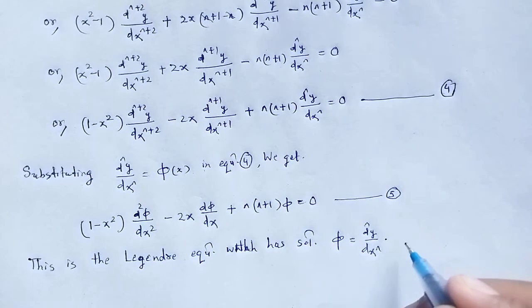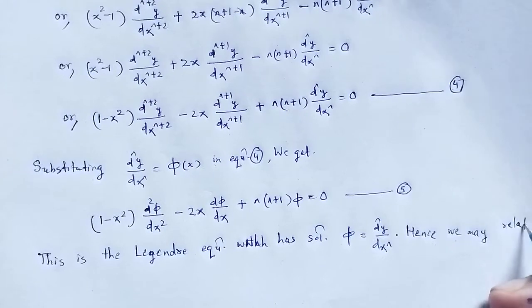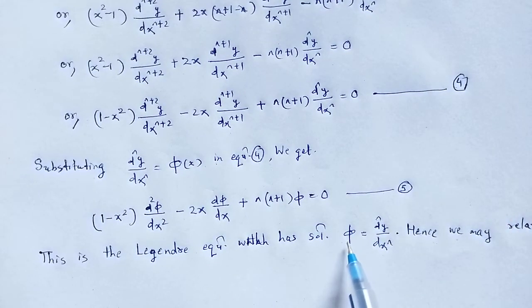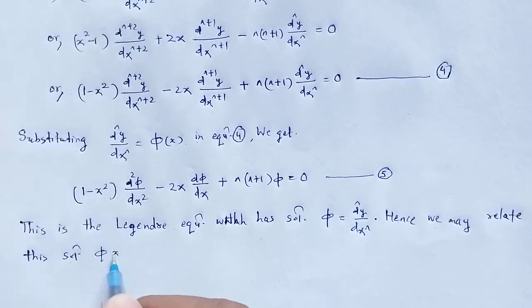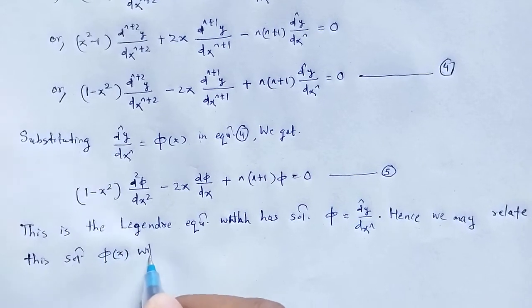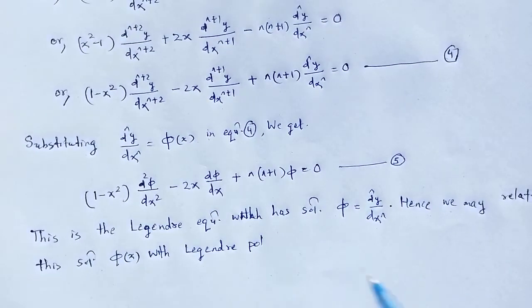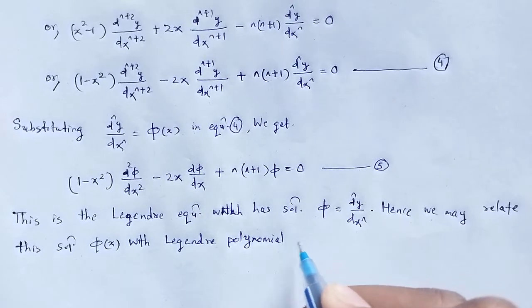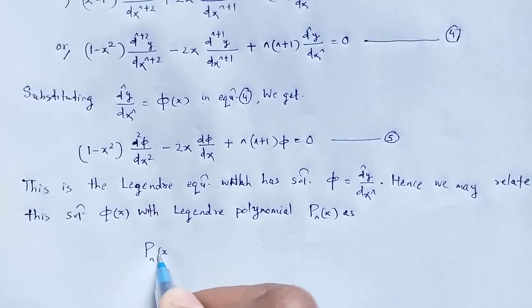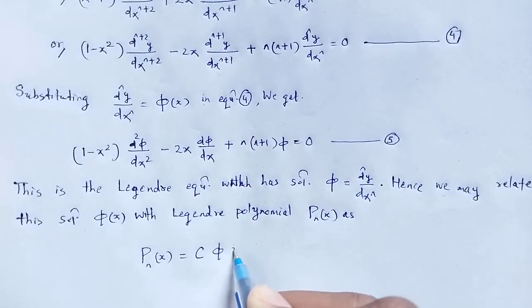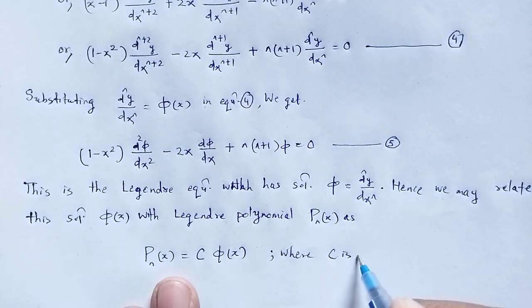Hence we may relate this solution φ of x with the Legendre polynomial Pn of x as Pn of x is equal to C φ of x, where C is a constant.